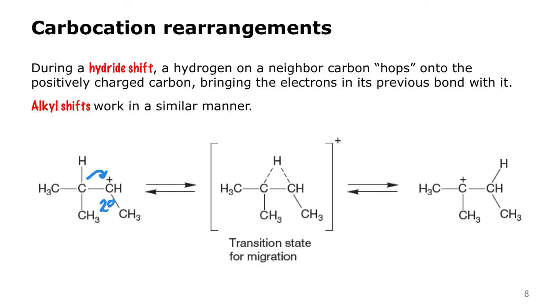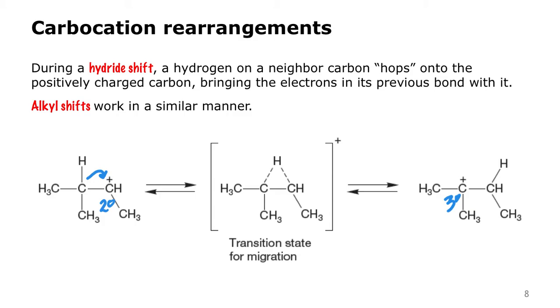Mechanistically, we need one curved arrow saying that that hydrogen with the pair of electrons moves over to where the positive charge was. That leaves the positive charge on this carbon, and it's become a tertiary carbocation. And so there's a thermodynamic driving force for the shift, and as we're going to see in a minute, there's a very easy way for this to happen in terms of molecular orbital overlap.